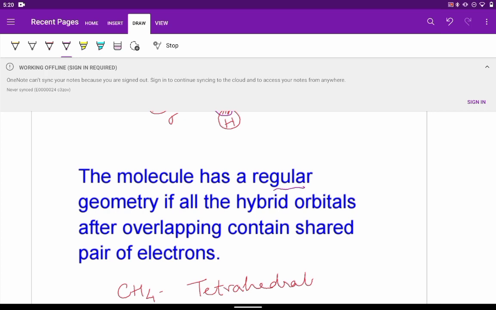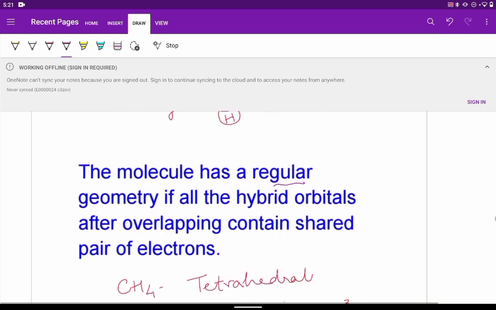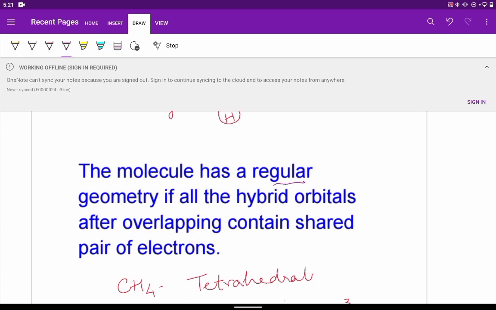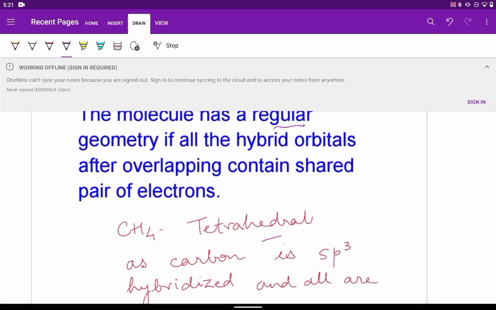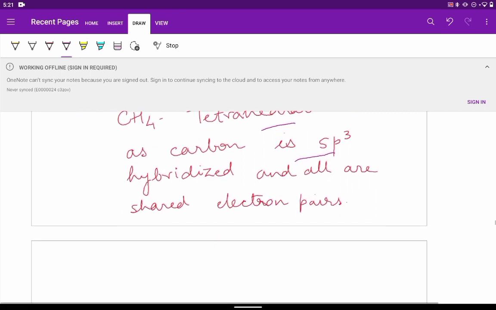Here all the pairs are shared pairs because there has been a sharing of electrons between carbon and hydrogen. So if all are shared pairs, then there will be a regular geometry. As we see in the case of methane, the geometry is tetrahedral because the carbon atom is sp3 hybridized and all the electron pairs are shared electron pairs.